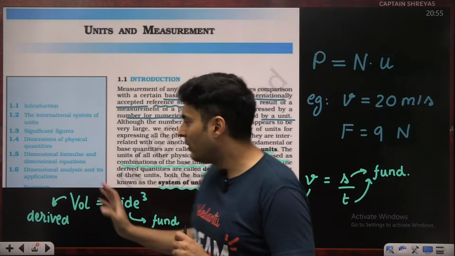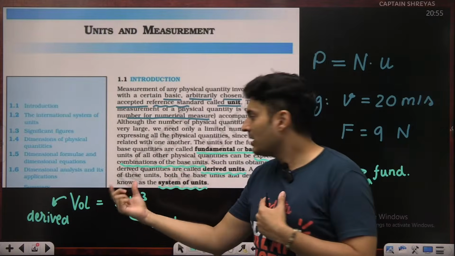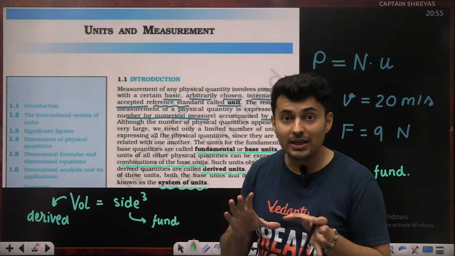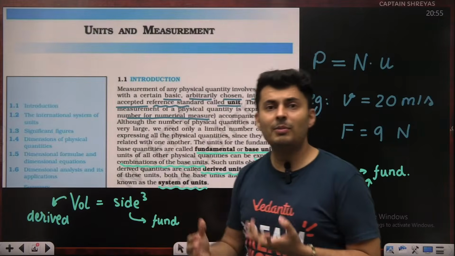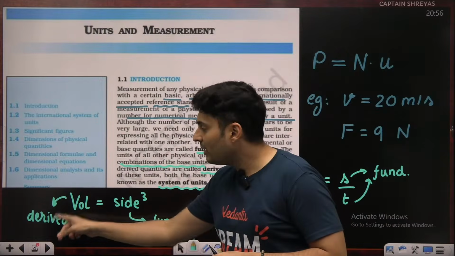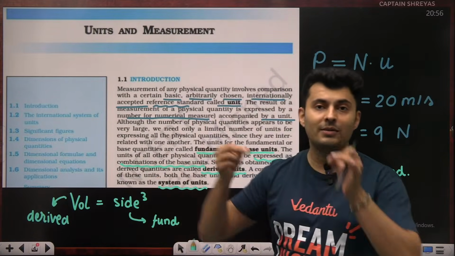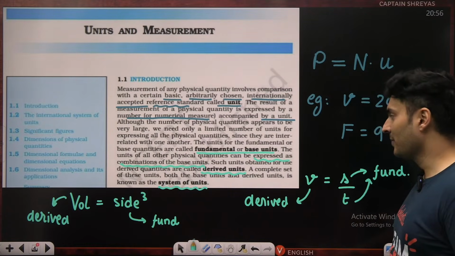Got it? Same way over here, side can be measured in centimeters, meters, kilometers. They will become the fundamental units in which you measure the side length, whereas volume will become meter cube, centimeter cube, cc, ml. That will be the unit of that derived quantity. That is what this particular line is explaining.